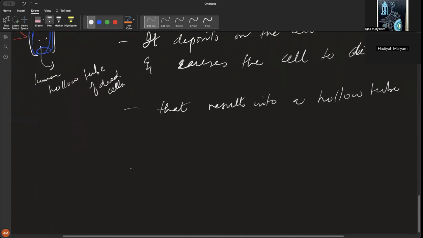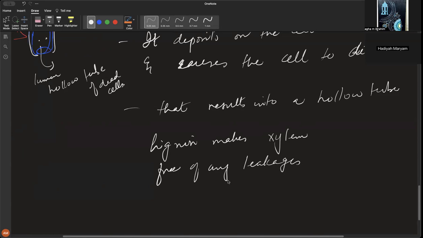So then we have patterns. This lignin makes the xylem waterproof. It makes the xylem free of any leakages of water, and also strengthens the vessel.